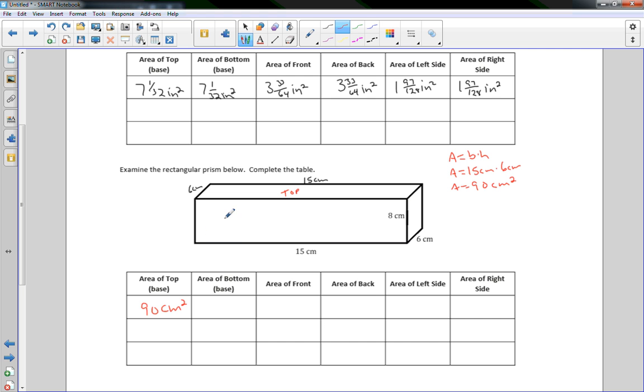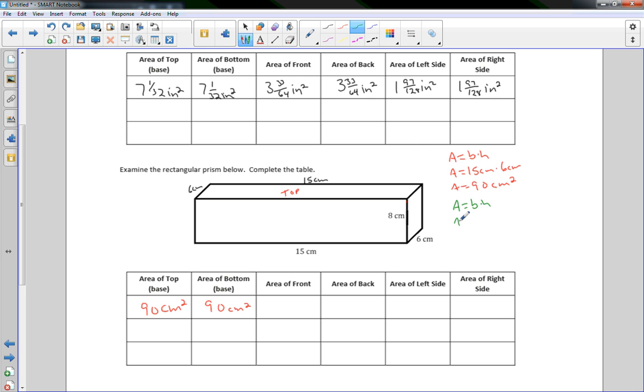The area of the bottom would be down here, which is equivalent to the top piece. You can't see it in this diagram, but that would also be 90 centimeters squared. The area of the front is this face here. It's got a height of 8 and a base of 15. So I will do that in green. So I'd say area equals base times height.